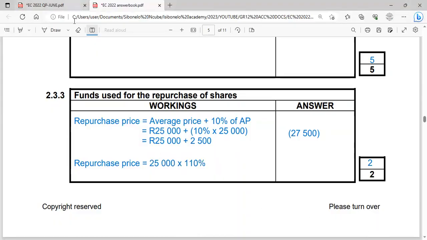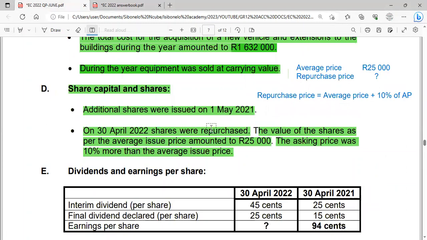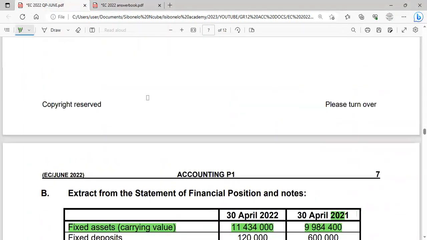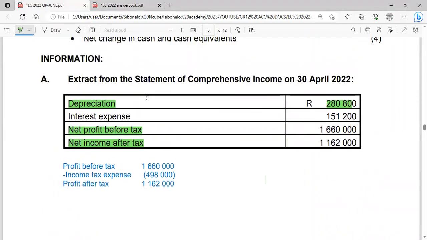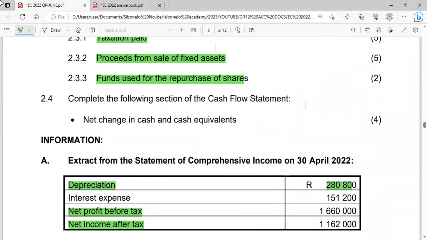And then the last one. So this is the last part of this question. So 2.4. Complete the following section of the cash flow statement. So net change in cash and cash equivalent for 4 marks.